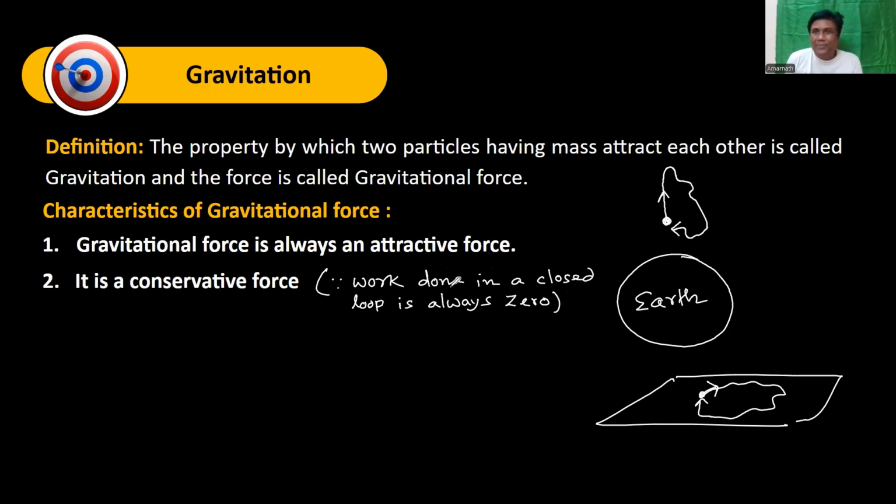I can ask you the definition of conservative force also. The force is called conservative if the work done in a closed path is always zero. I can ask you about non-conservative force also. If it is not zero, that is non-conservative. Friction is the example I told you.